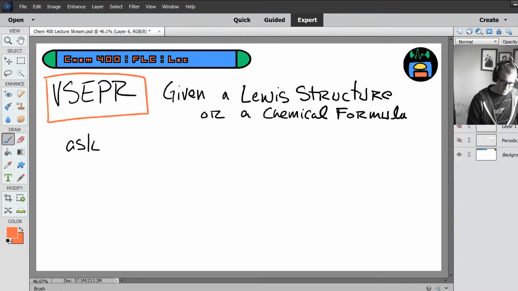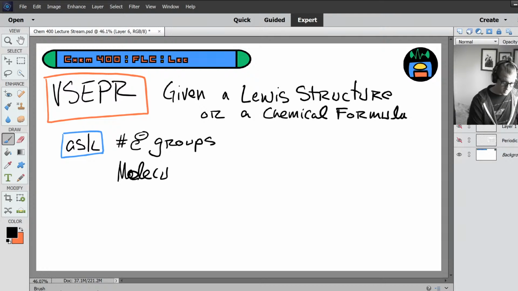I can ask for the number of electron groups. I could ask for the molecular geometries. I could ask for the electronic geometry.